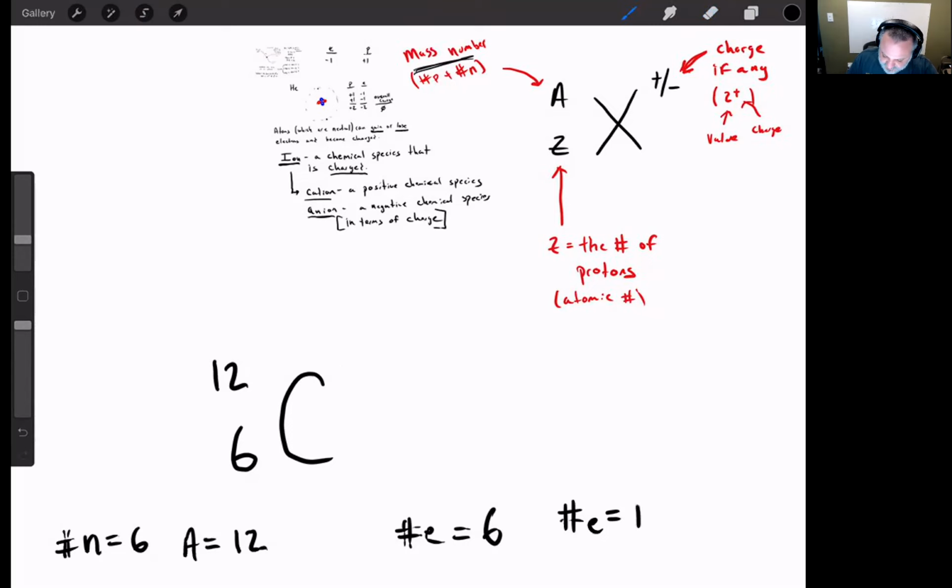If it has 6 in order to be neutral, then if it gained 4, it must have 10. Okay, we're doing good. Now if it has 10, what's its charge? And remember, by convention, I'm going to put the number first, 4 minus.